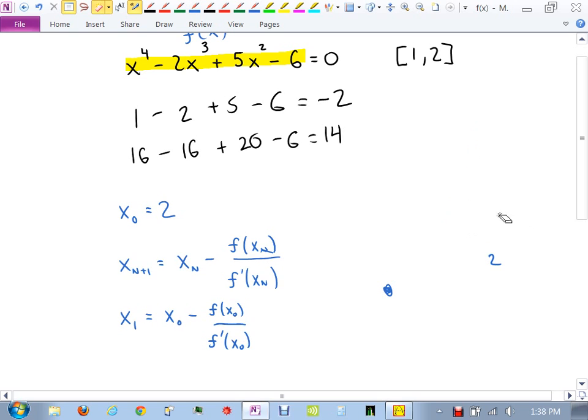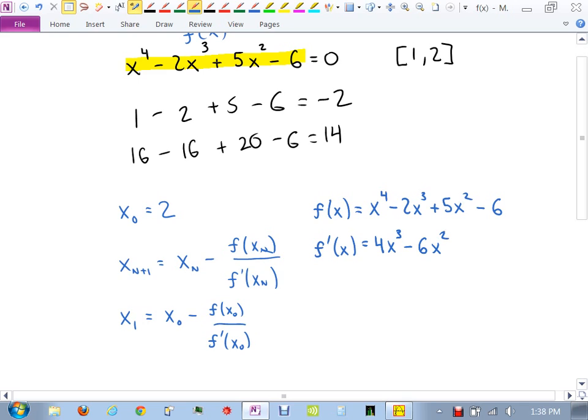So I would like to find the derivative before I continue doing anything else. If my original function is x to the 4th minus 2x cubed plus 5x squared minus 6, then the derivative of this is 4x cubed minus 6x squared plus 10x, and that's it.